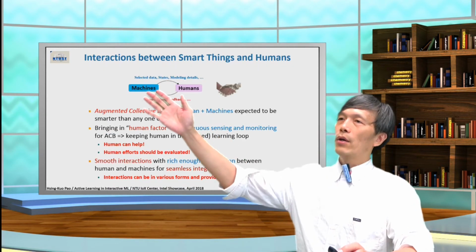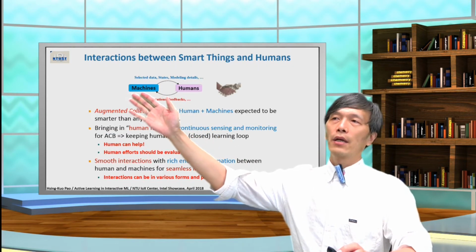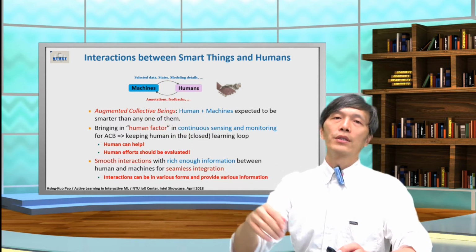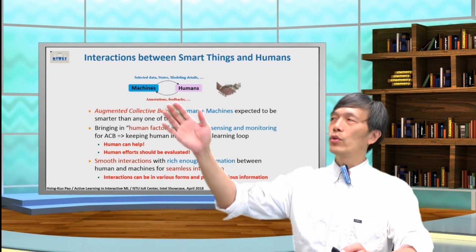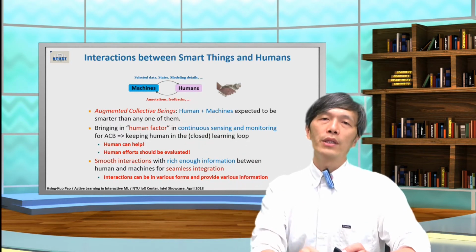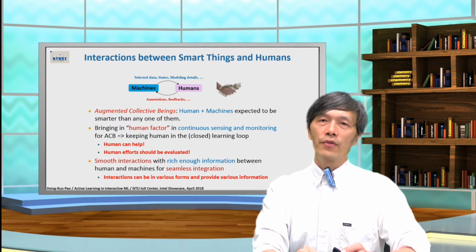So between machine and human, we have interactions, so that the human continues to give hints to the machine, so that the machine will learn better and better. On the other hand, the machine will also tell the human what's going on, so that the human may feel satisfied with the machine's performance, or maybe not.